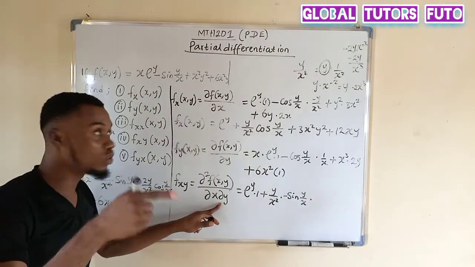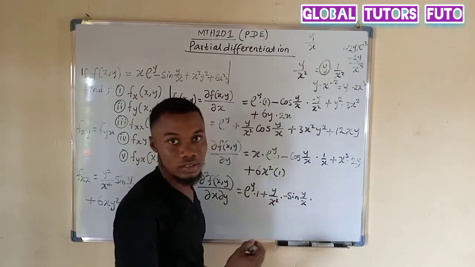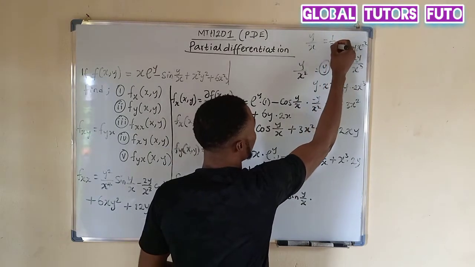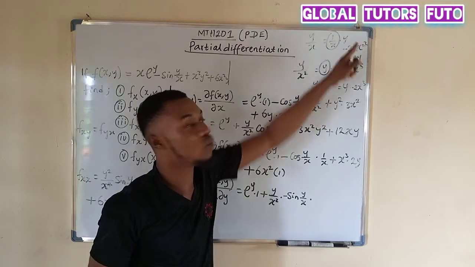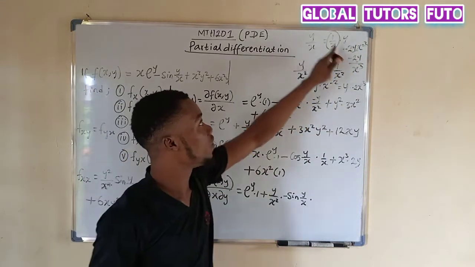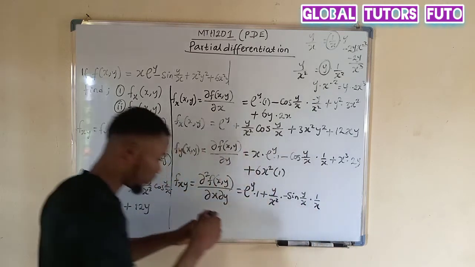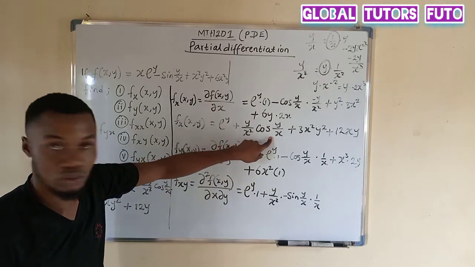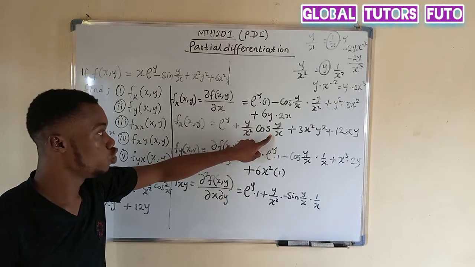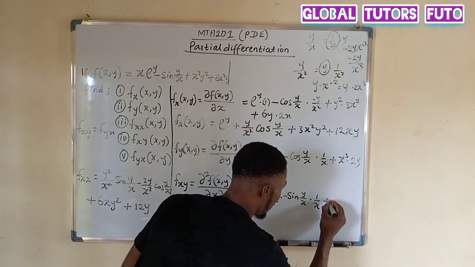So what I'm differentiating is y over x. So my constant here now is 1 over what? x. So 1 over x is my constant. If I differentiate y, I will get 1. 1 over x times 1 will give me 1 over x. So I'll have 1 over x here. So I have taken v du. Now it is time for u dv. So I will keep this one constant.